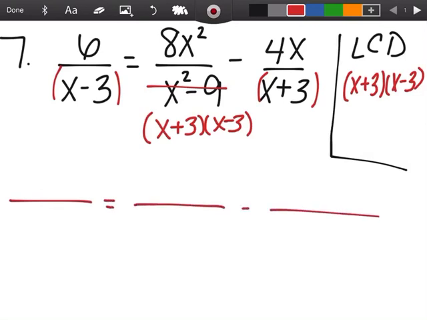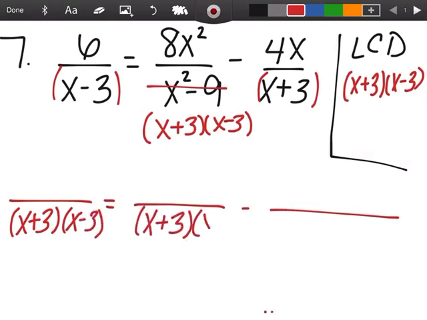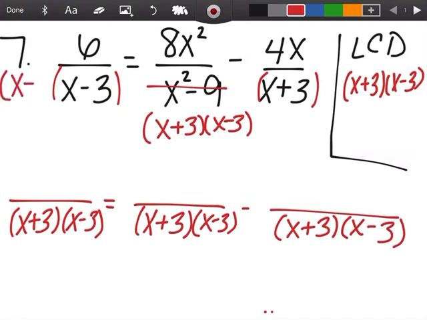Everything is covered if that's the least common denominator. So I'm going to get each fraction to have a denominator of x plus 3 times x minus 3. And then I'm going to decide what do I need to multiply each fraction by in order to obtain that denominator. So in the first fraction, 6 over x minus 3, I'm missing the quantity x plus 3.